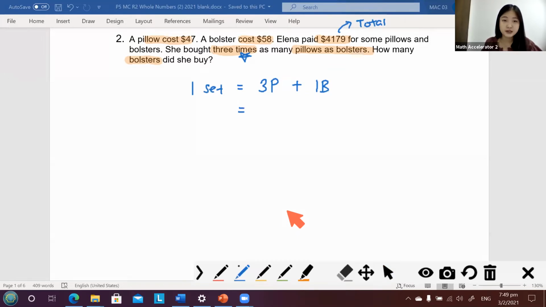How do you find the 199? 3 pillows means you need to take 3 multiplied by the cost of the pillow. So 1 pillow is $47. Then you add it to 1 bolster.